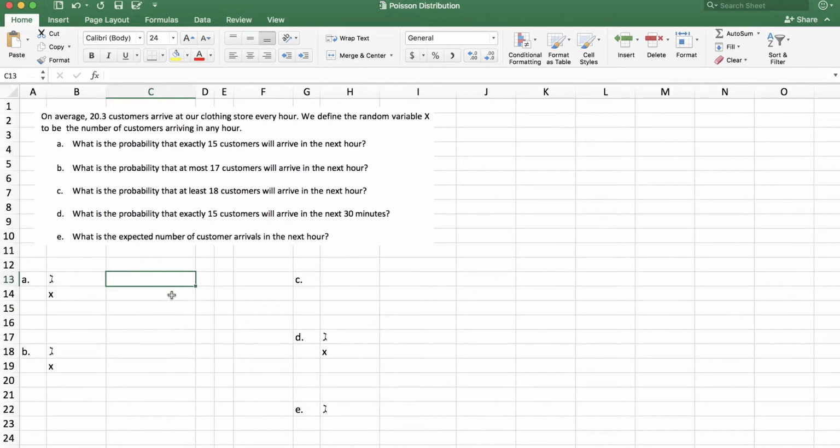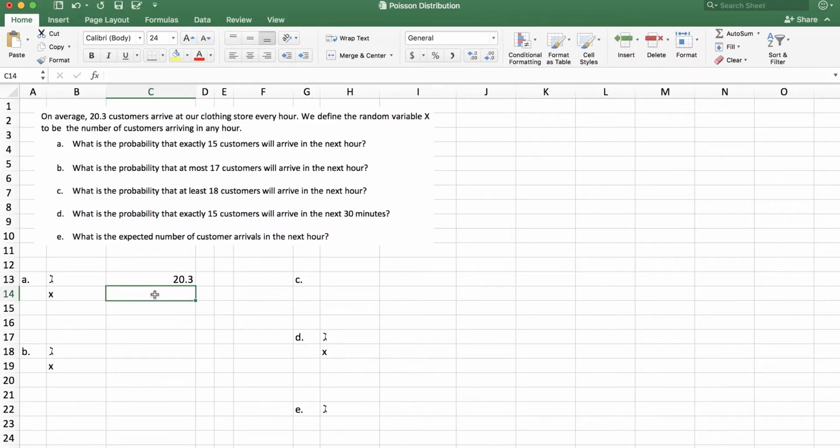So in this case, we need to answer a few questions to complete this part. In Poisson distribution, our parameter is lambda, and lambda represents the mean or the expected value. The question gives us this lambda value, and that is 20.3.